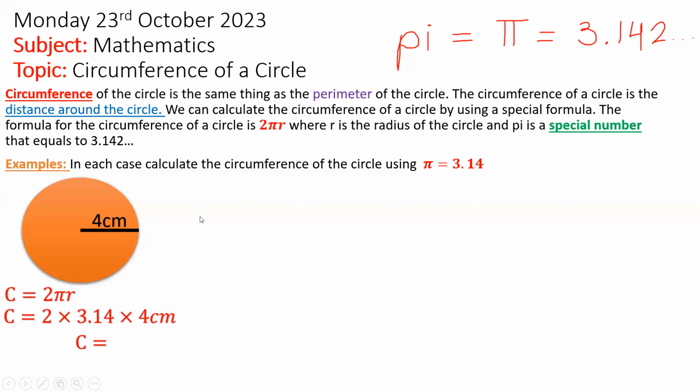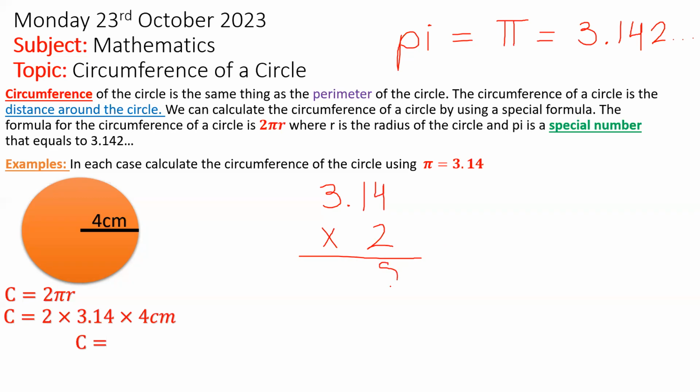What do we get when we multiply them? So 3.14 multiplied by 2 is going to be equal to... 2 times 4 is what?